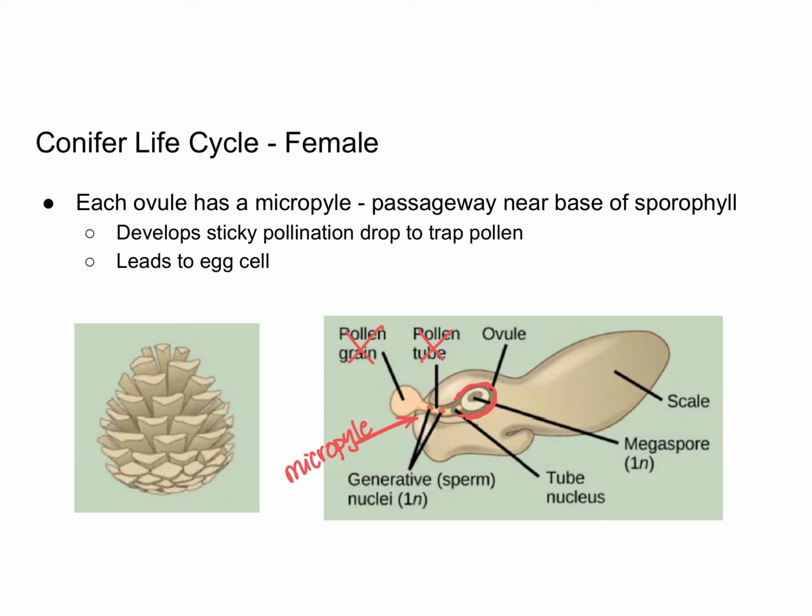So when pollen from the male plants is released, it's going to be trapped by that sticky pollination drop, and it's going to be pulled into the ovule in order to allow the pollen to fertilize the egg. All right, so the micropyle is the opening here, and then after the pollen lands on it, ultimately a tube is going to be formed that leads to the ovule.